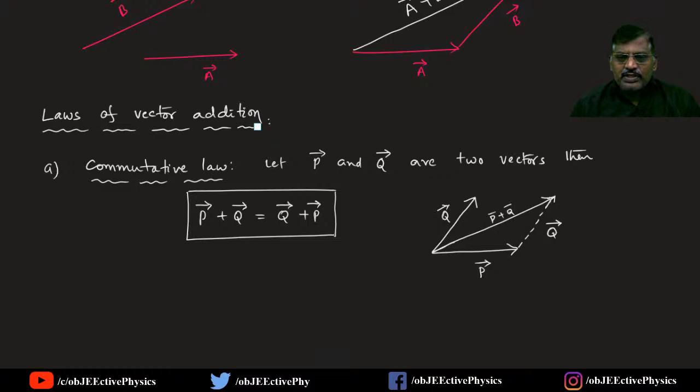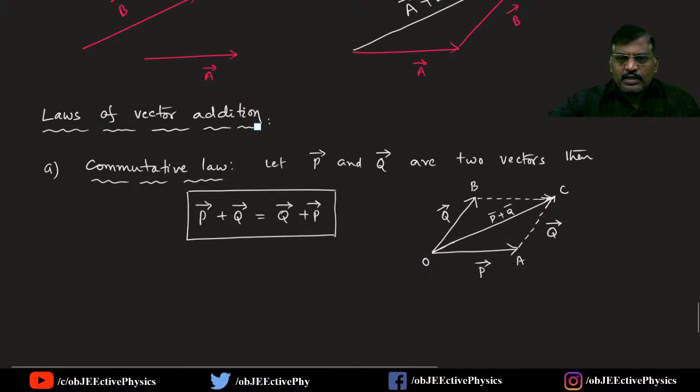So P bar plus Q bar, let us give the names here. OA is the first vector, OB is the second vector, and here C. OC gives their sum or addition, P bar plus Q bar. This is one. And now, if we draw a line parallel to P bar, that is BC.